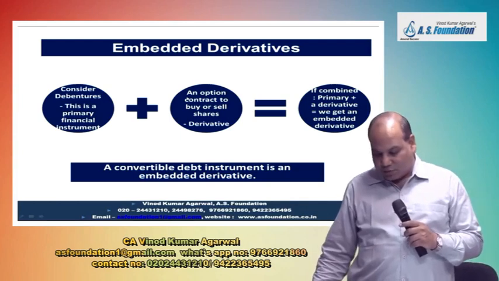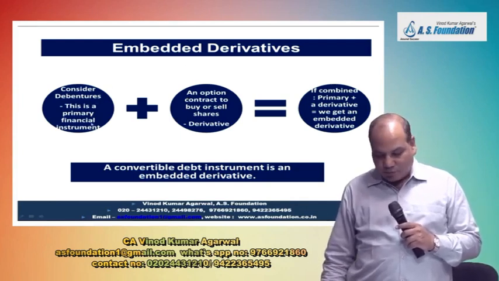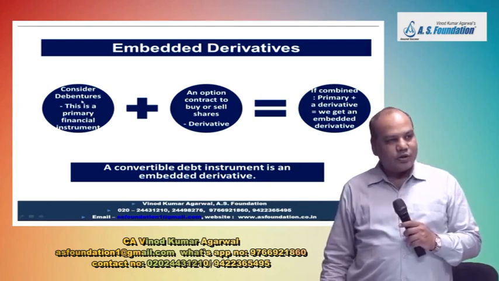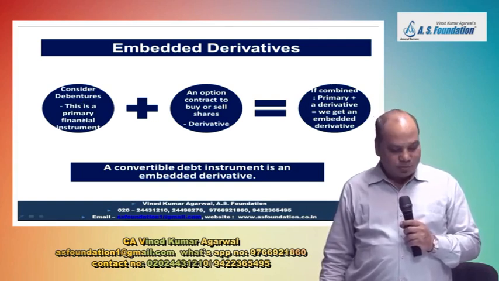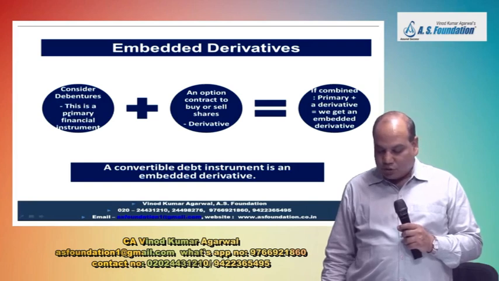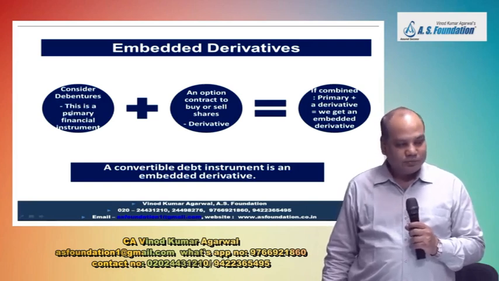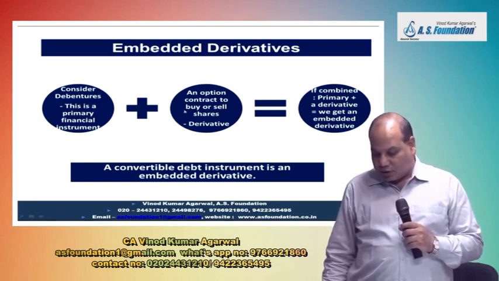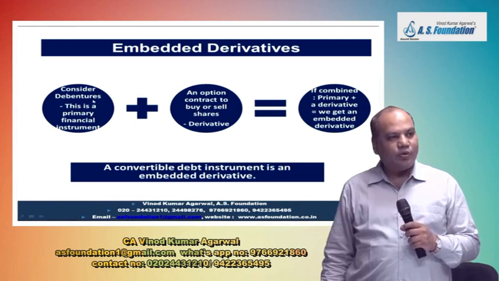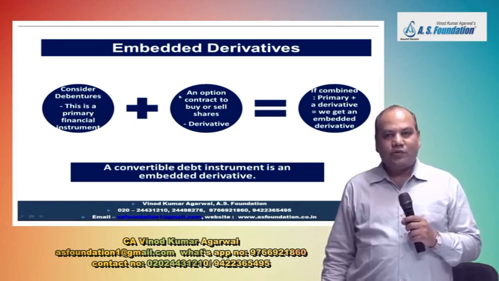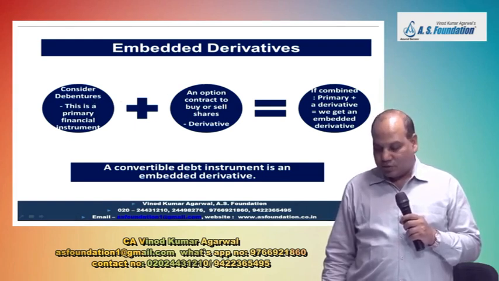So see, this diagram is there in your book also, but in the form of a statement. Suppose there is a debenture or a bond. It is a primary instrument written there. So this we will call host contract. And suppose it contains an option to buy or sell share. So it can be debenture, bond, loan, which contains an option to buy or sell shares.